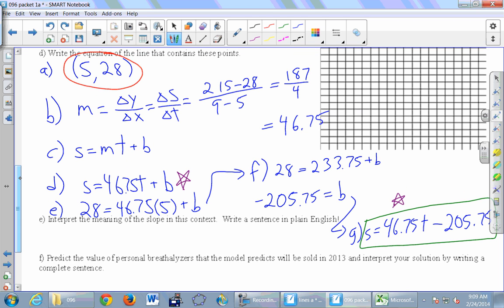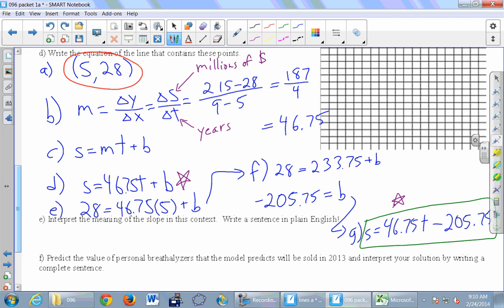But in order for me to think about slope, I always like to write the units down. What were the units for S? It was sales, in millions of dollars. And what were the units for T? It was years. And then since 2000, I won't include that part.